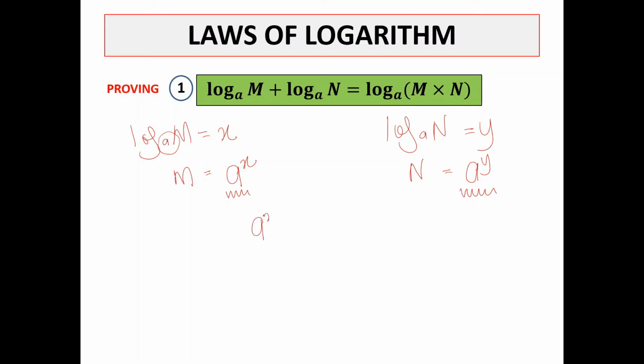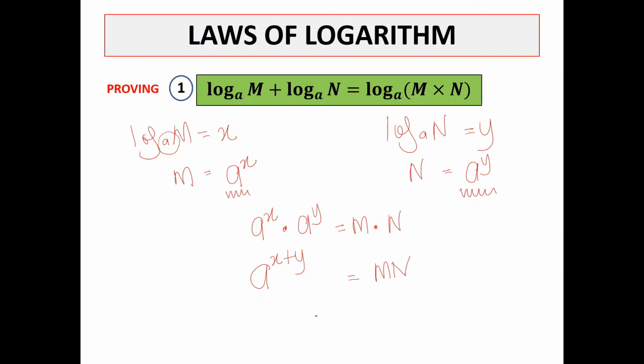Because a to the power of x is equivalent to m, I put m here, and because a to the power of y equals n, I put n here. So a to the power of x times a to the power of y is equal to m times n. By applying the rules of indices, we have a to the power of x plus y equal to m times n.